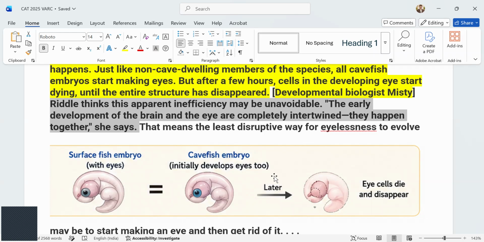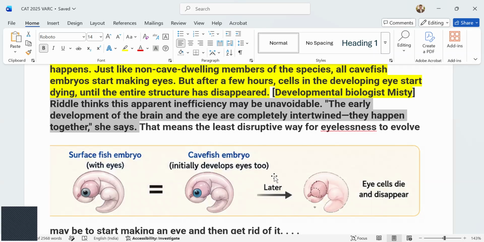Both the fishes have eyes, right? If they were not to have an eye at the very beginning, then the brain development would also be affected. This is what I think. So this is the reason they have eyes initially, and later in a few hours the eye cells may disappear.